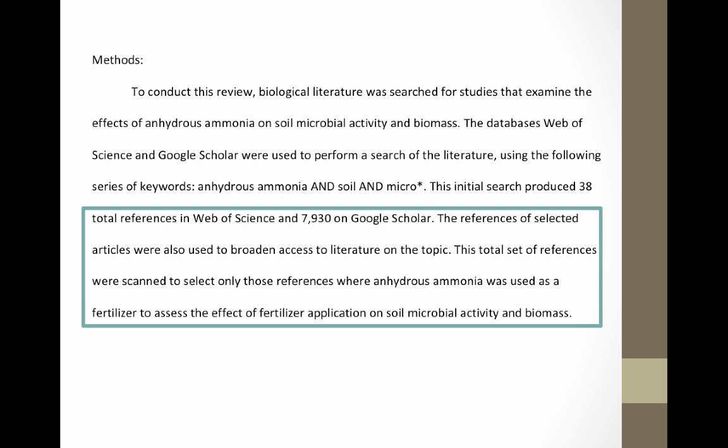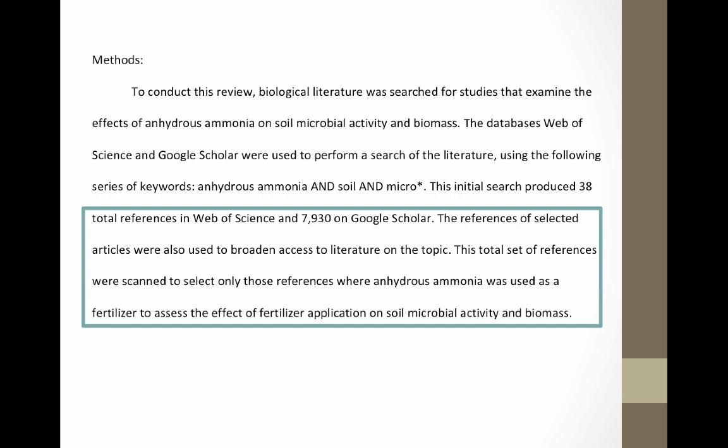And as I noted in class, you can see that when they used these keywords, anhydrous ammonia and soil and micro, the initial search produced 38 references on Web of Science and 7,930 on Google Scholar. So again, just to bring this point home one more time, Google Scholar will cast a very broad net, and you have to really have a plan of how you're going to narrow that.